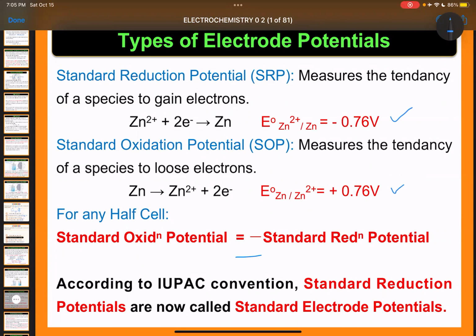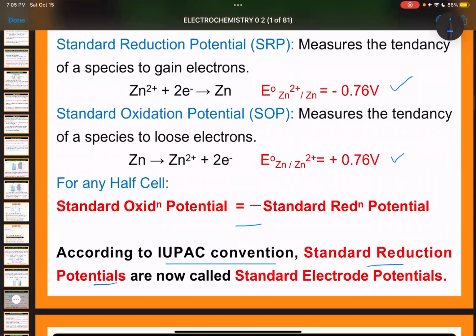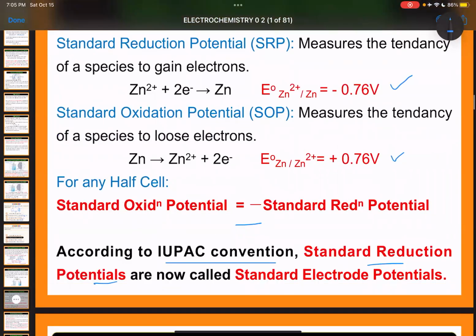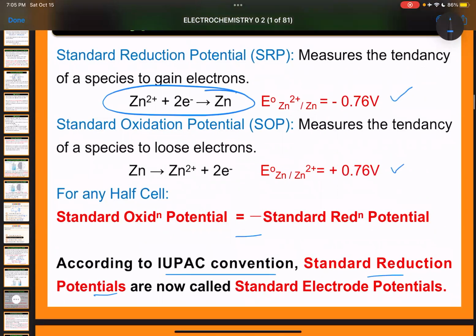But if nothing is mentioned, it is written over here, as per IUPAC convention, the reduction potential is taken as the standard electrode potential, which is a measure of electron accepting tendencies. Though we can measure the oxidation potential also, it will just be the opposite: the sign will be plus instead of minus.